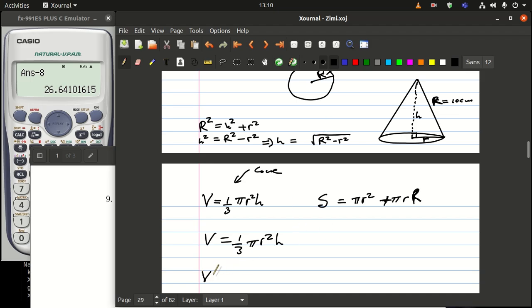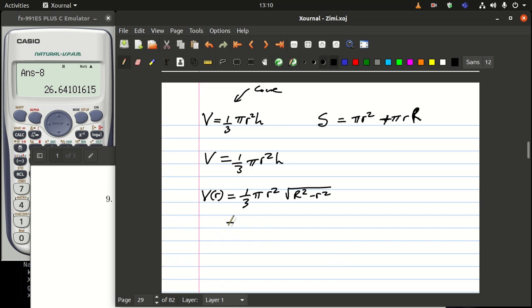So the volume as a function of the small radius of this cone is going to be 1 over 3 times pi r squared, and then for h, we have the square root of R squared minus r squared, capital letter and small letter.